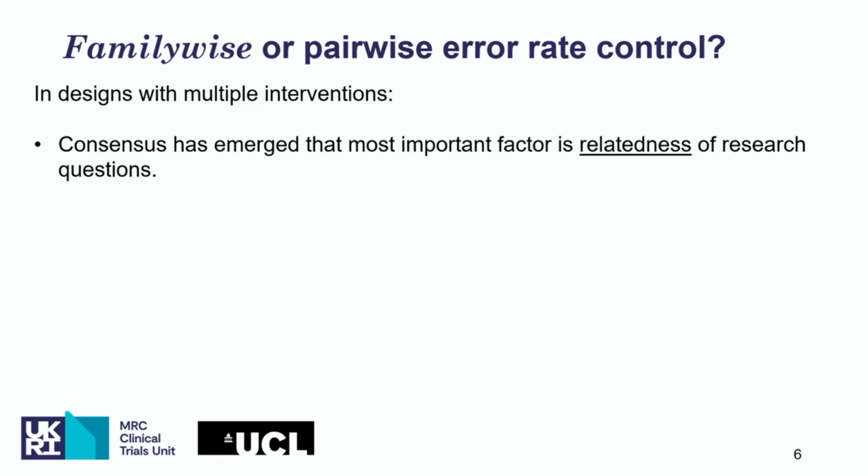I think in the last few years, we have reached a consensus that the most important factor in this decision is the relatedness of the research questions that we are trying to address, and how different the research arms are.